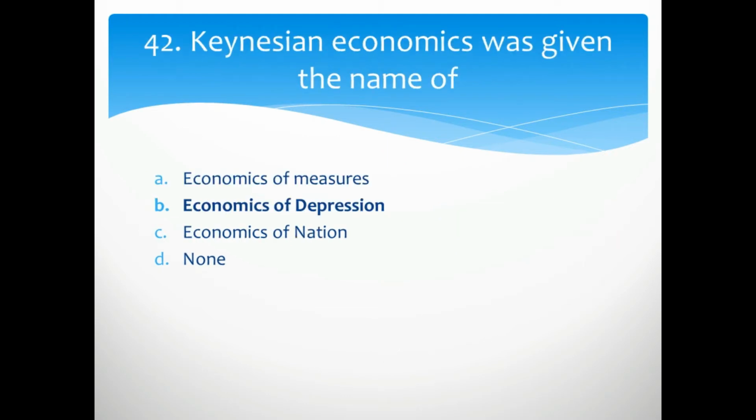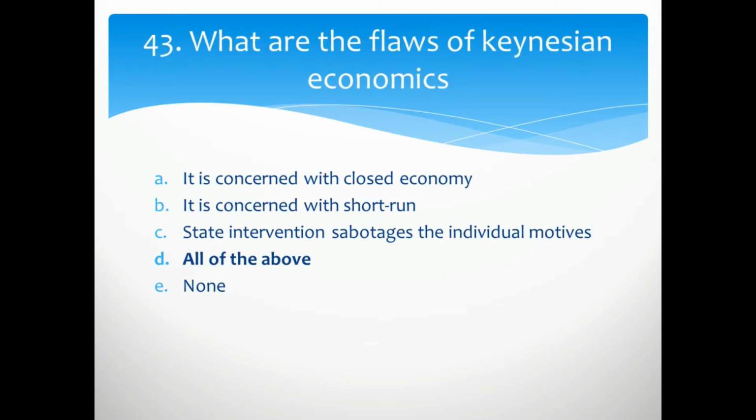42nd question is, Keynesian economics was given the name of economics of depression because after the Great Depression, Keynes came forward with his theory and dealt with the depression. 43. What are the flaws of Keynesian economics?